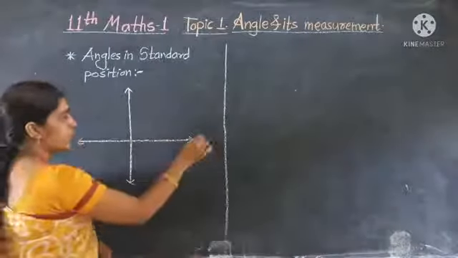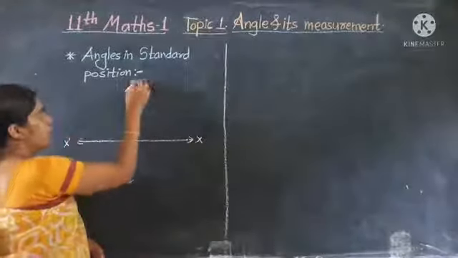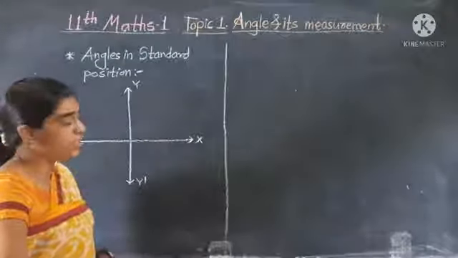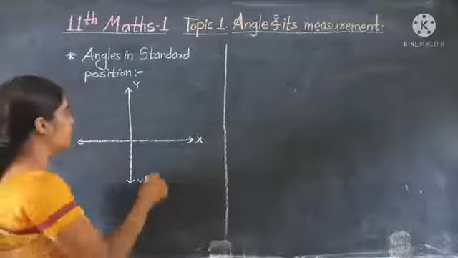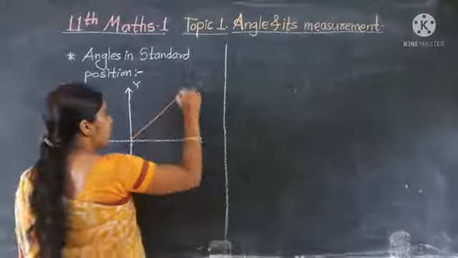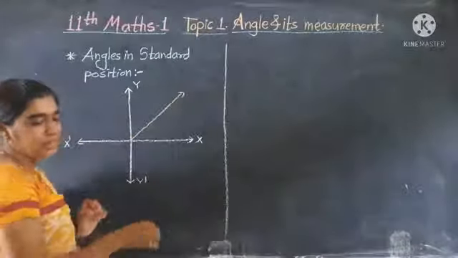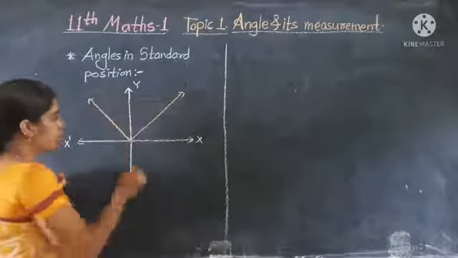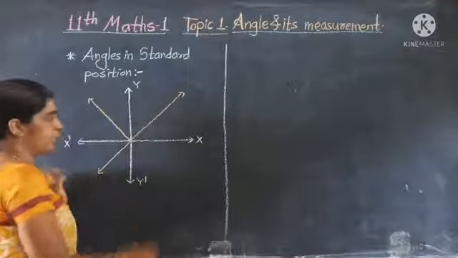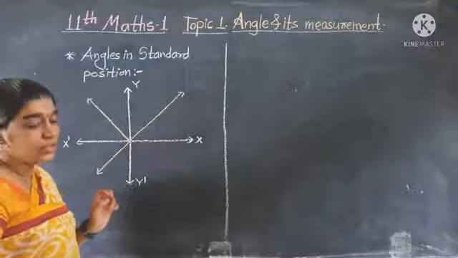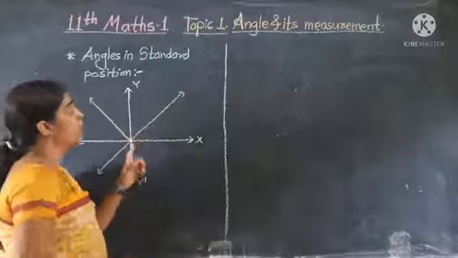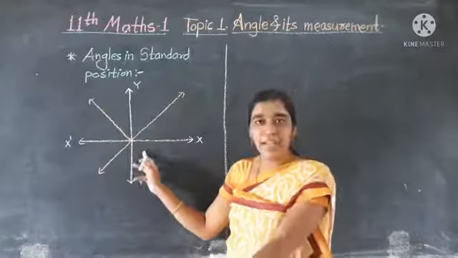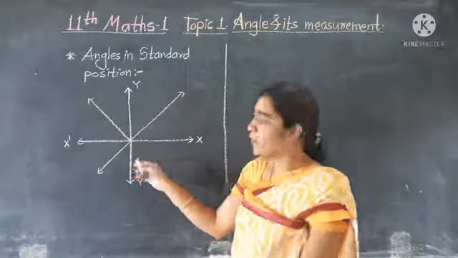We call this the x dash axis, and this is the y dash axis. Suppose here I draw some angles. In the first quadrant I draw one angle. Okay. In the second quadrant I draw one angle. In the third quadrant also I draw one angle. Here student, you see, in our rectangular coordinate system, a directed angle with vertex at origin.